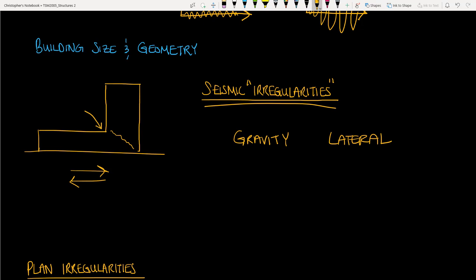In general, there are 3 main types of lateral force resisting systems that we will cover in this course. We've already mentioned at least 2 of them, and we'll cover all three in greater detail later in this course. The first is a moment frame. Next, we have a braced frame.